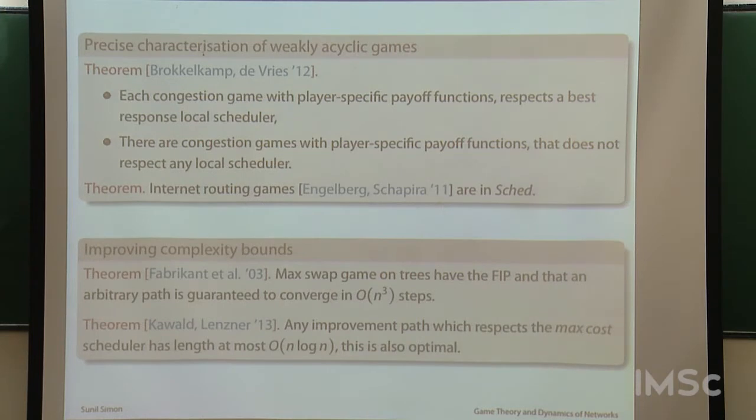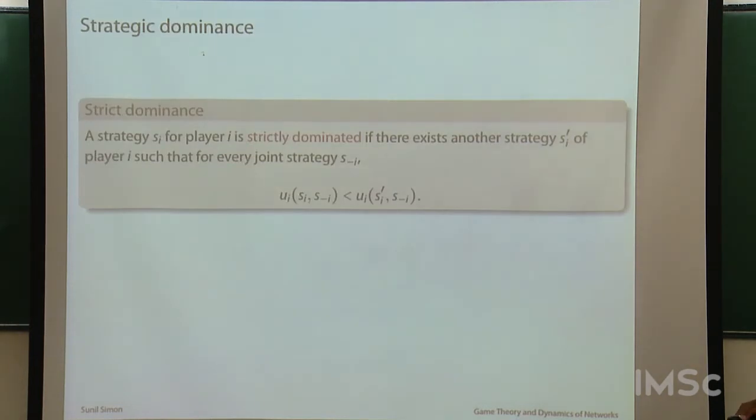The question was how can you converge to a Nash equilibrium? Today we saw a specific subclass of games, and we asked pretty much the same questions: Nash equilibria, FIP, weakly acyclic, and so on. And now we are defining some kind of scheduler, which again seems to have some use, but you might ask why exactly are we doing all this? So let's go back to where we started, strict dominance.